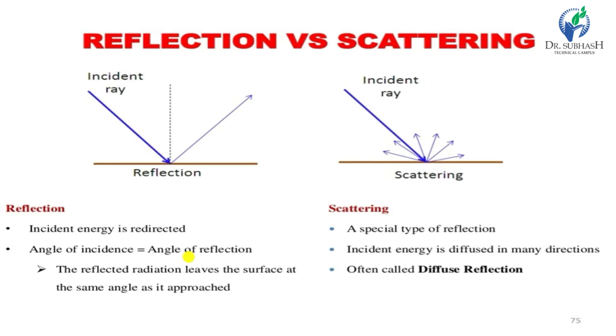The angle of incidence and angle of reflection are the same in the case of reflection, but in the diffuse case the angles are not the same and the energy spreads in many directions. Reflected radiation leaves the surface at the same angle at which it approaches, but in the case of scattering, that is called diffuse reflection. That is not a perfect reflection.